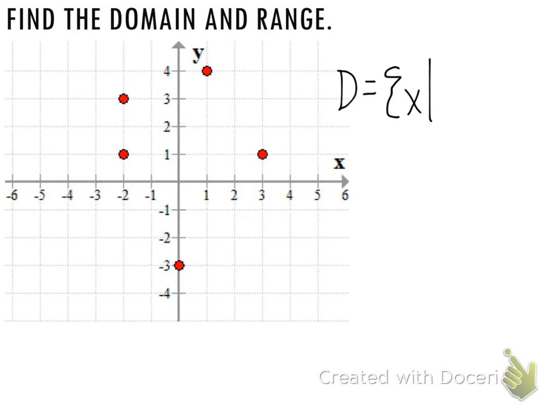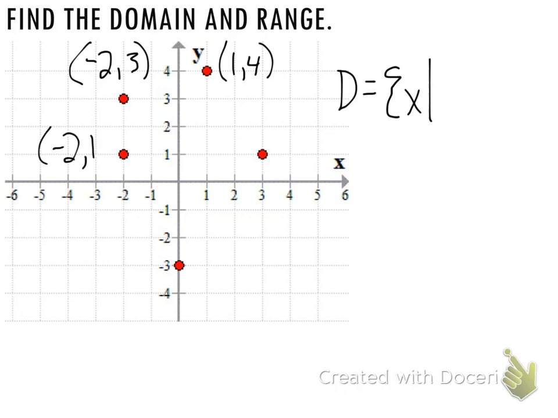So first off, what would I call this ordered pair? This one right here. Negative 2, comma 3, because I go left 2, up 3 to get to it. What would this ordered pair be? 1, comma 4. What about this one right here?